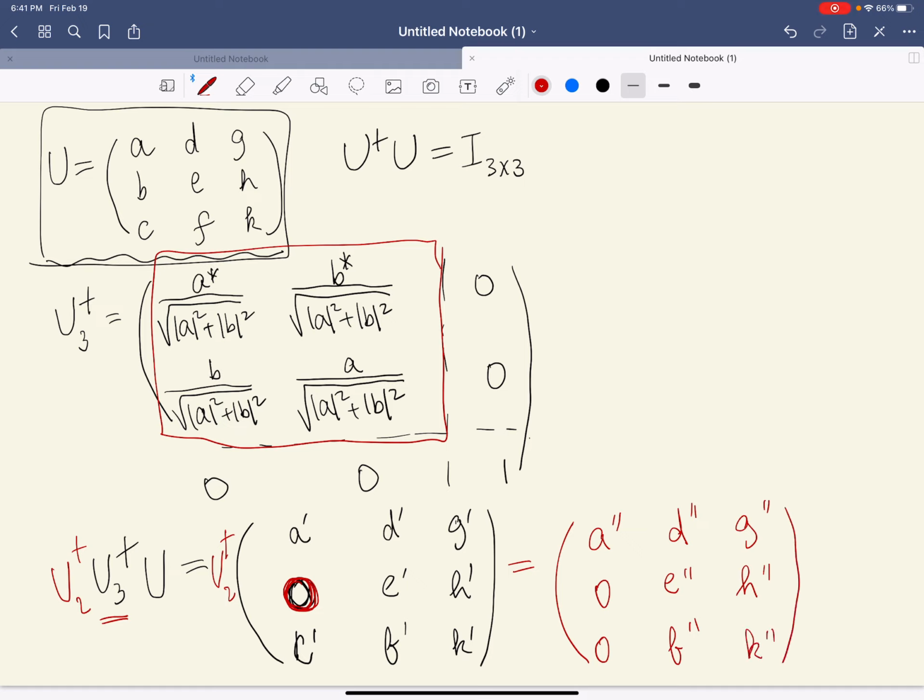Now, it should be pretty clear that if I can accomplish the task of making the second element disappear by multiplication with some two-dimensional matrix, then it should be no harder to find a similar unitary matrix that, when multiplied, will result in 0 for the final element in the first column.